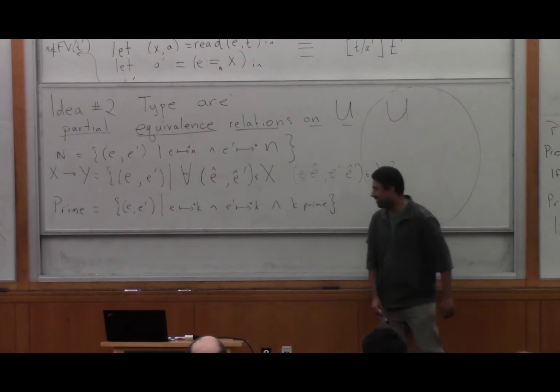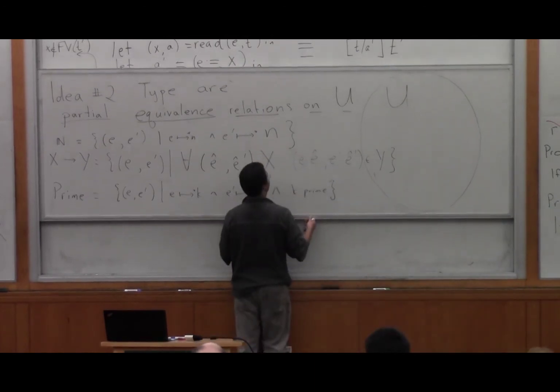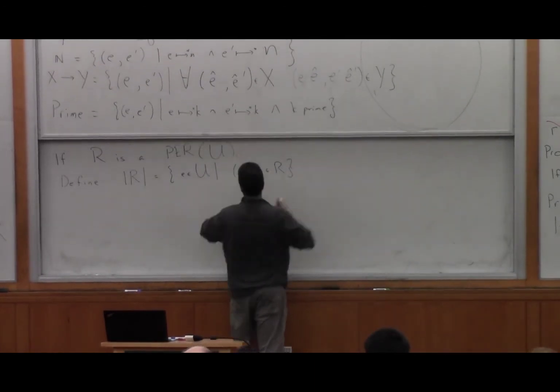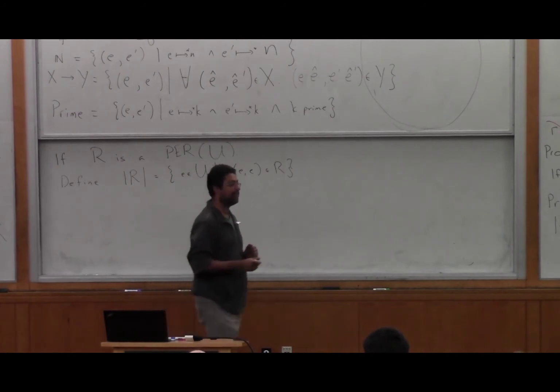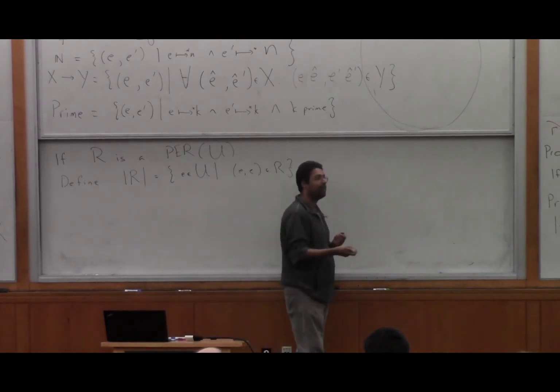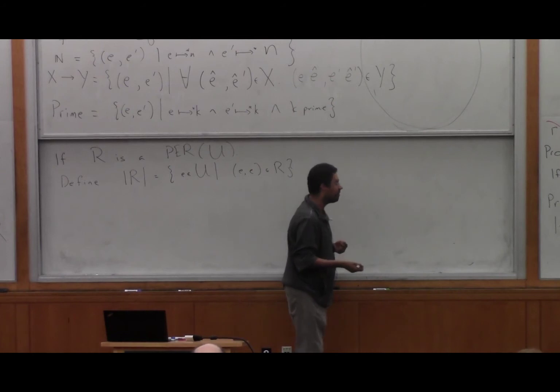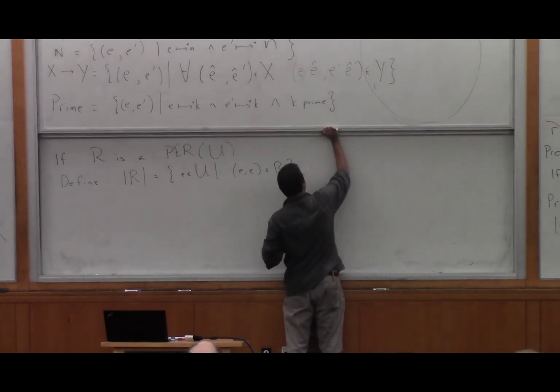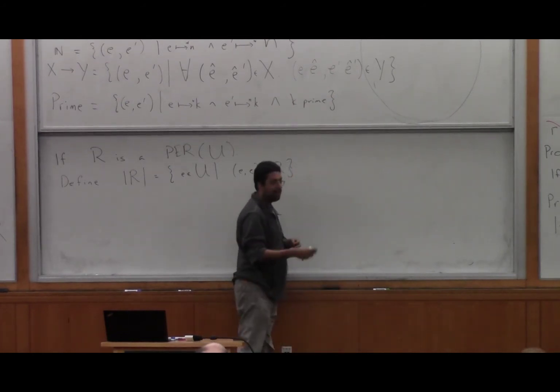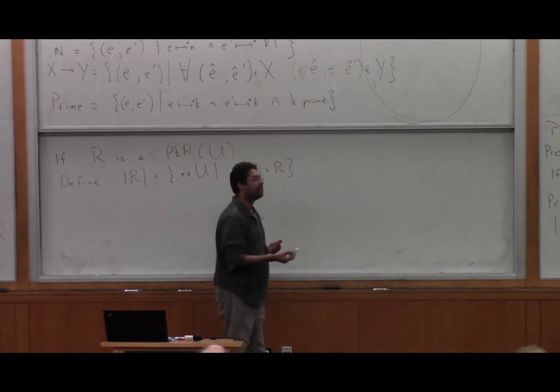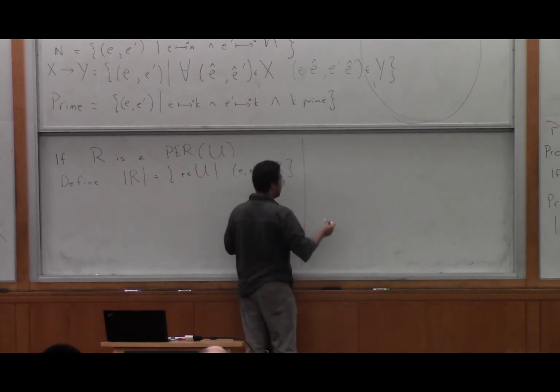And the reason for this, so this is a bit of a digression, but it's probably worth going into a little bit. When you have a family of partial equivalence relations, the partial equivalence relations form a lattice, and in fact they form a complete lattice.